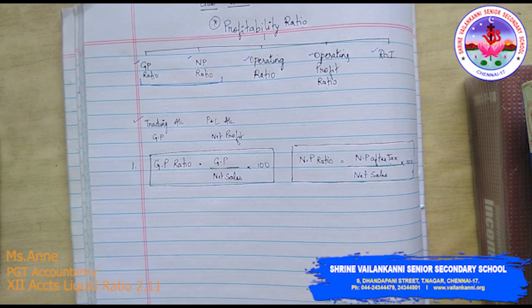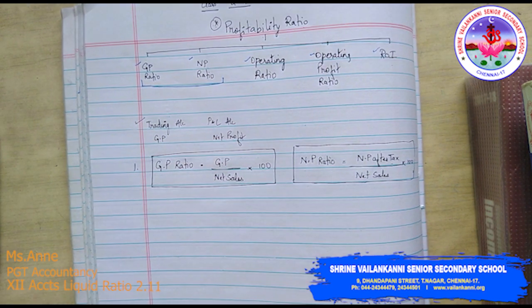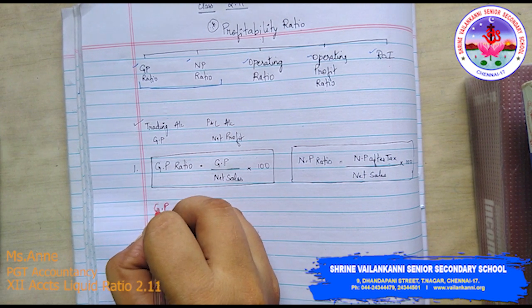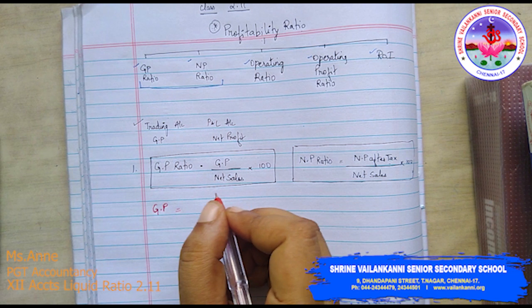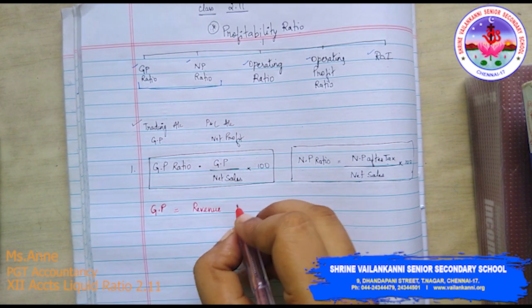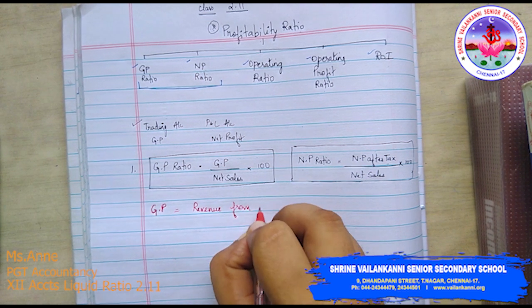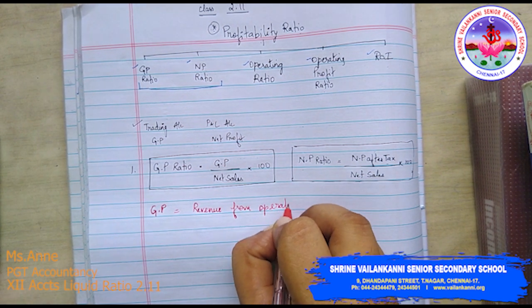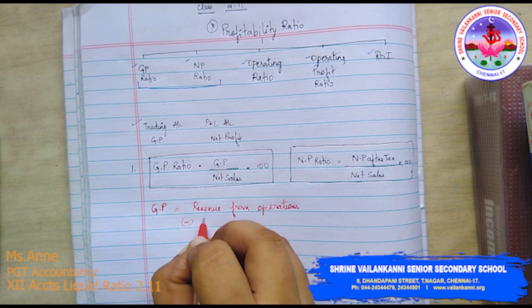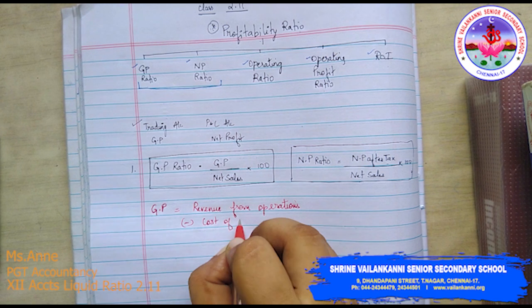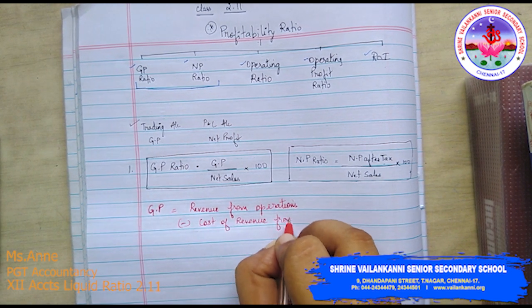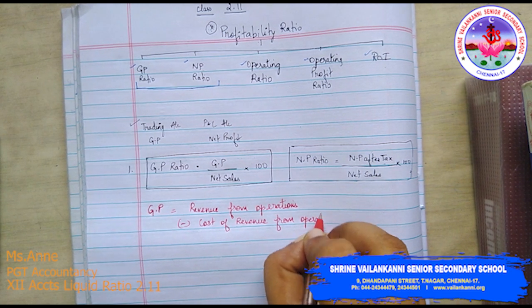The gross profit that is found can be said as revenue from operation minus cost of revenue from operation.